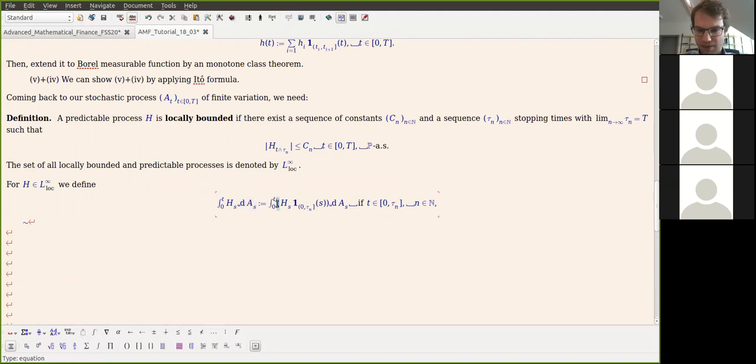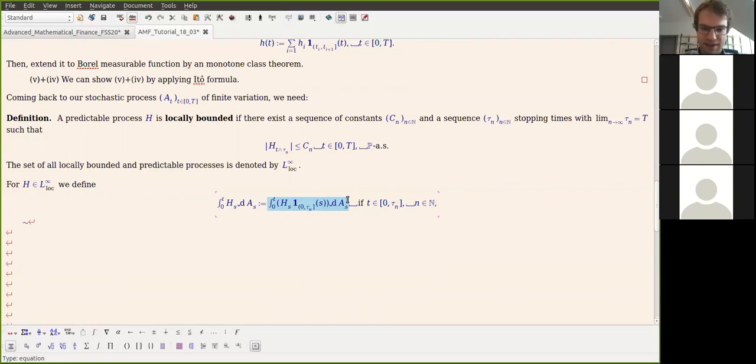So we localize the integrand, and if t is in the interval 0 to tau n, then this is the integral, and for consistency reasons, this is well posed.